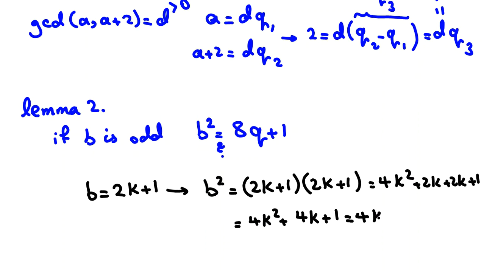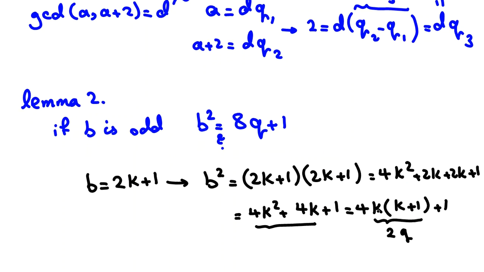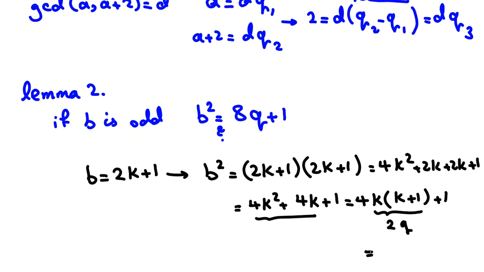You factor 4k out of the first two terms, so it will be 4k times (k plus 1), and plus 1 is left. k times (k plus 1) is the product of two consecutive numbers, which is even, because if k is even, it is even, and if k is odd, k plus 1 is even. So it equals 2q, and 4 times that is 8q plus 1. So we proved lemma 2.